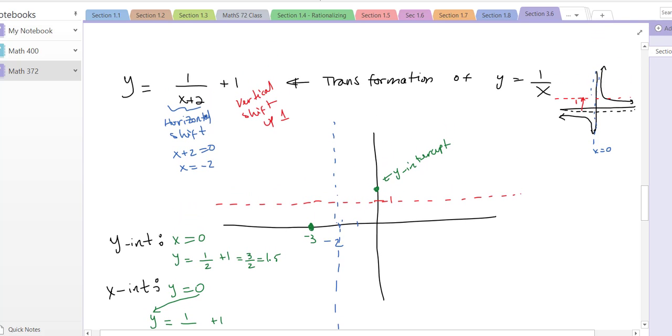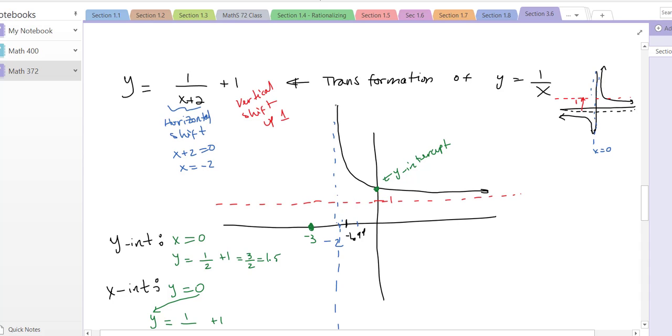And again, you could do some trial and error with test points. You can go to the right of negative 2, pick like negative 1.99, and see what that's going to do. But because I already have my y-intercept here, I think it should go to positive infinity.